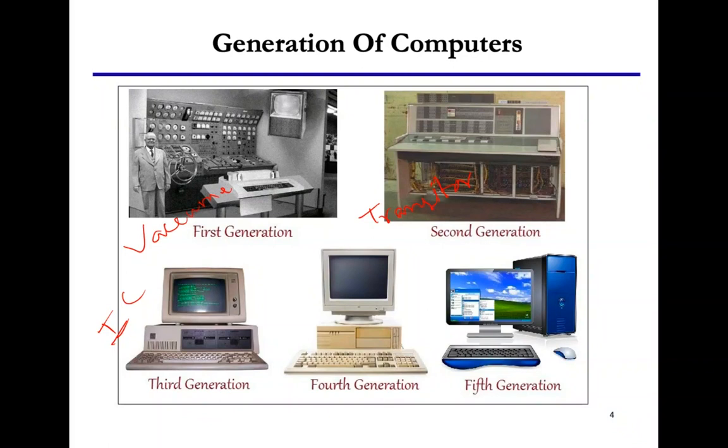This chip became an important foundation for the third generation computers, when scientists combined hundreds of transistors to fit in one circuit, resulting in a more powerful electronic component called an integrated circuit.